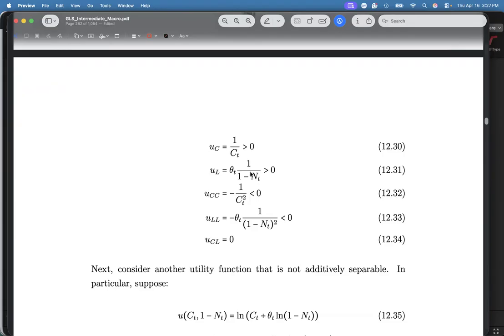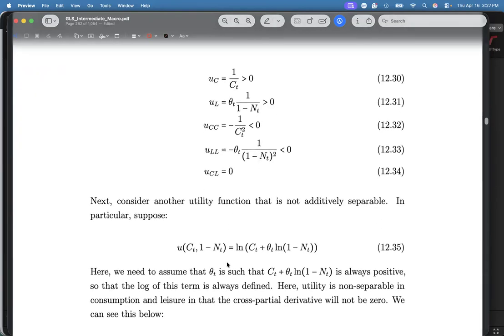Okay. So hopefully you guys can do 12.30 to 12.34. This is just the derivatives that we've been calculating since before, and the derivatives that the book has been hinting at, right? Notice the signs, match the signs earlier. Here's the interesting part. What is UCL? That's the cross derivative between consumption and leisure.